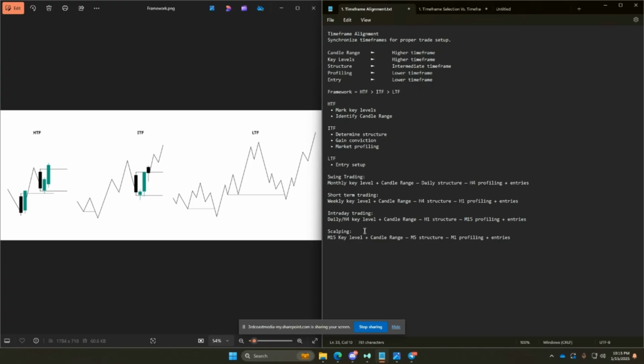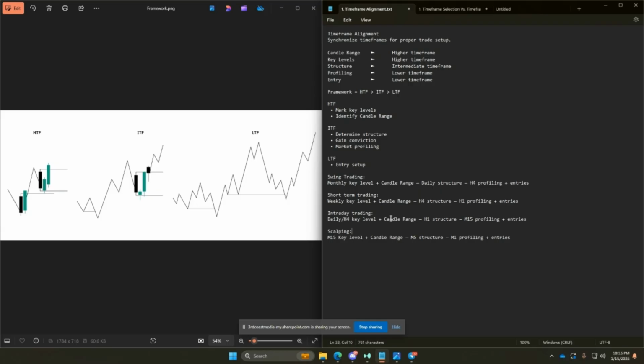Now, when it comes to scalping, typically that's a higher risk method, and the margins are a bit lower. Scalping is very quick trading. The idea is trades that are held anywhere from a couple minutes to a couple hours, but definitely less than a day, and typically no more than a few hours.